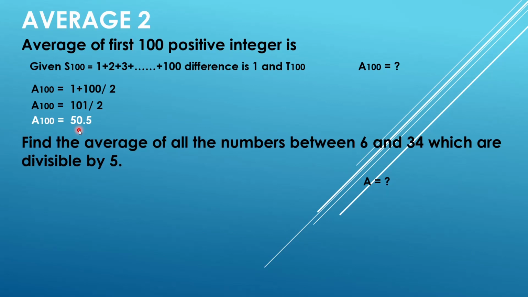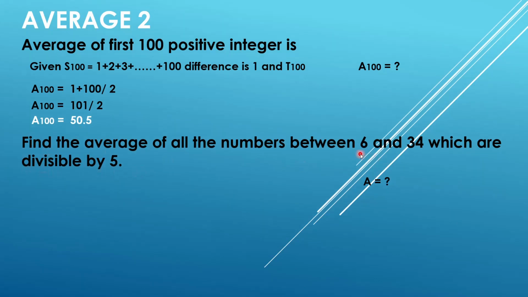Find the average of all the numbers between 6 and 34 which are divisible by 5. So now here first we need to check what the first number is, and then we can solve this. Otherwise, if you go from 6 to 34, then it will not be your correct answer. So first they are saying divisible by 5.